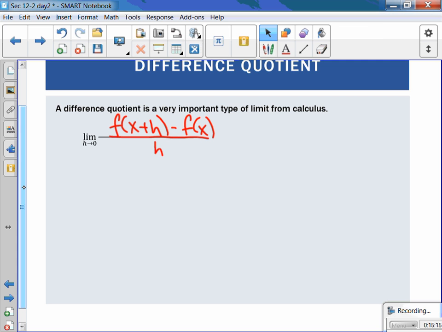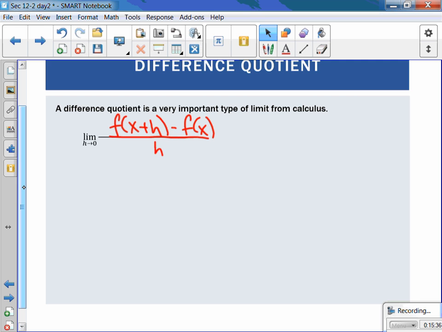You'll see this quite a bit, especially if you take calculus. This does not mean you can disregard this if you're not taking calculus. But this is a very good example dealing with difference quotients as far as their limits. Again, you use this exhaustively if you go into calculus.